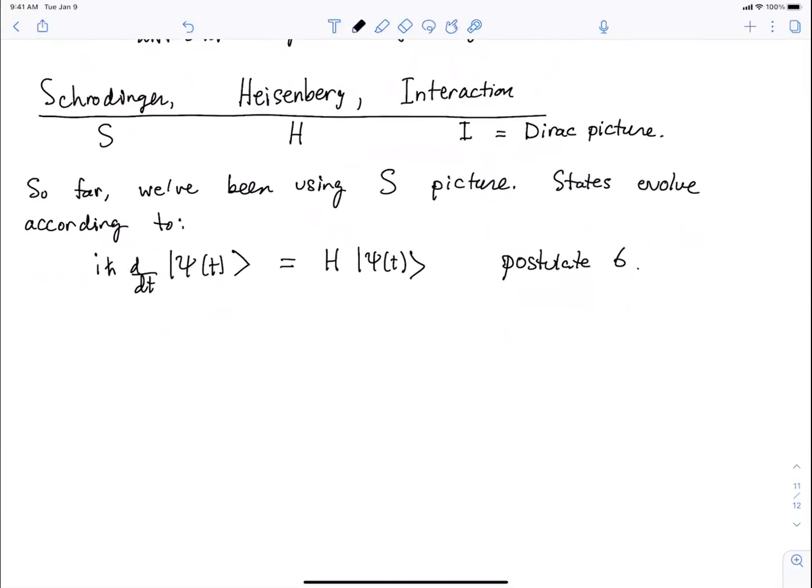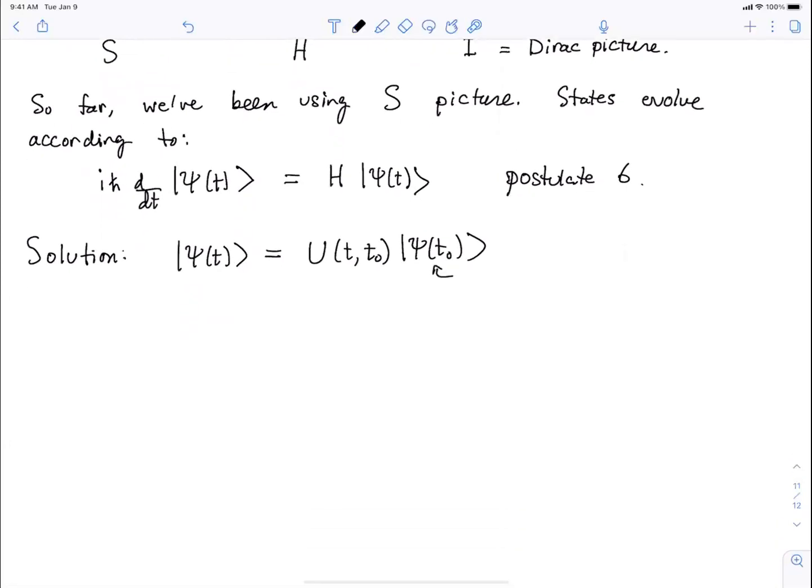So way back when we were studying this stuff, we then realized the consequences of this because we could write down a solution. The solution for the Schrodinger picture state is a unitary operator times the initial state, which we're talking about at time t0. So that initial state is an initial condition for our differential equation. And U, we've worked out, was a unitary operator.